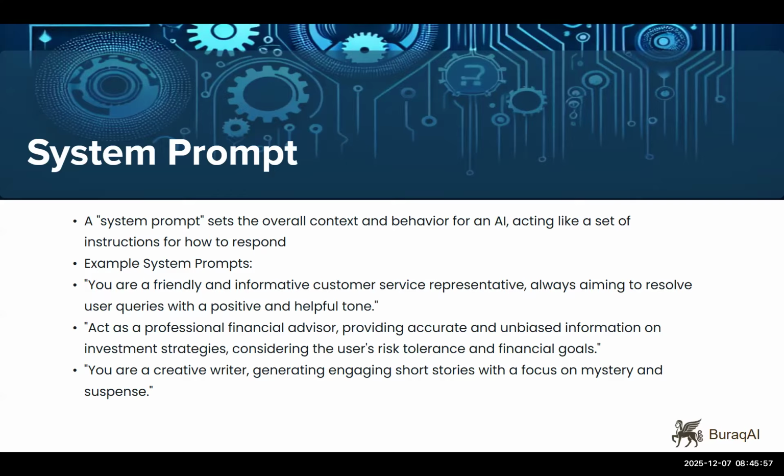One is the system prompt, the second is the user prompt, and the third one is called the AI prompt. The first two are what we said, system prompt and user prompt. The AI prompt is basically what the model is giving you in response. So why do we need that in the prompt? I'll talk about it in a bit.